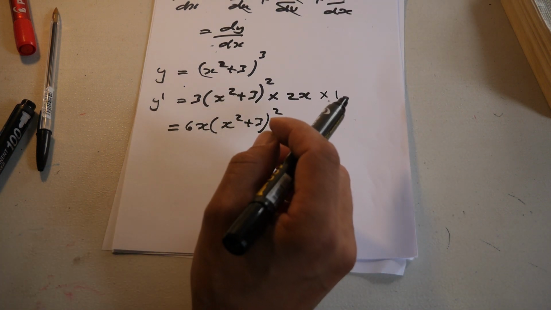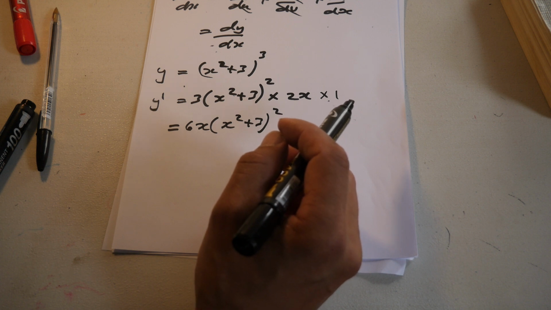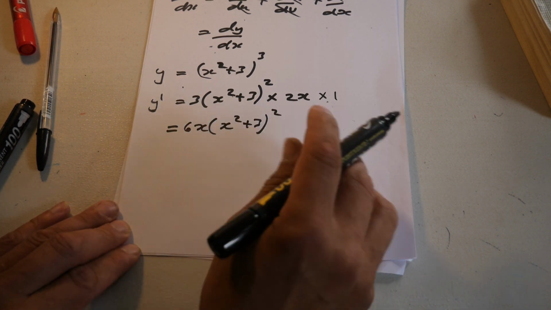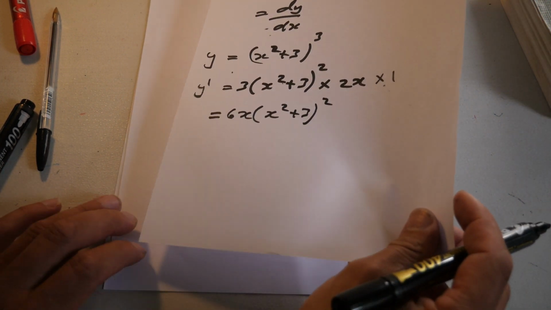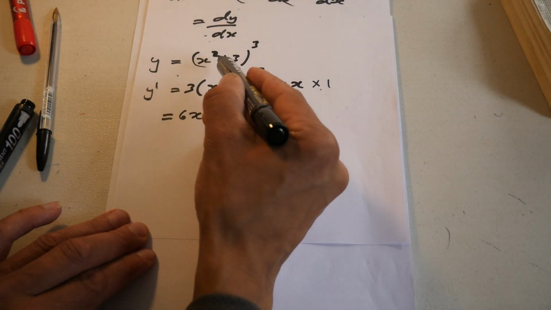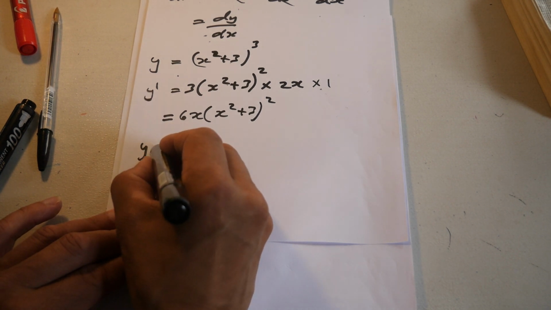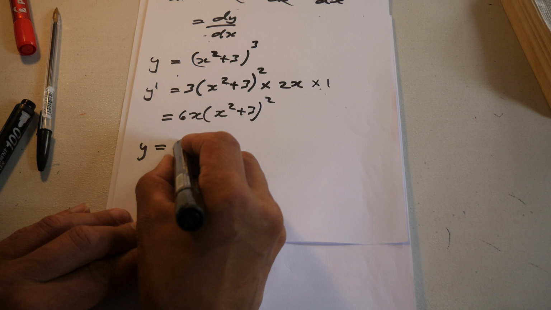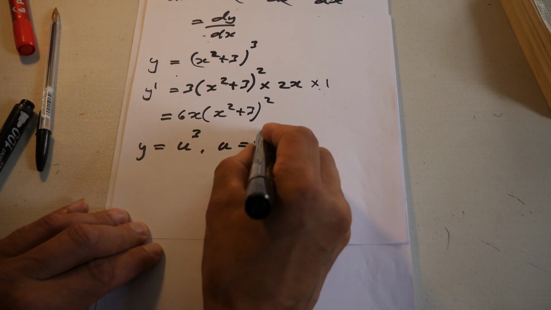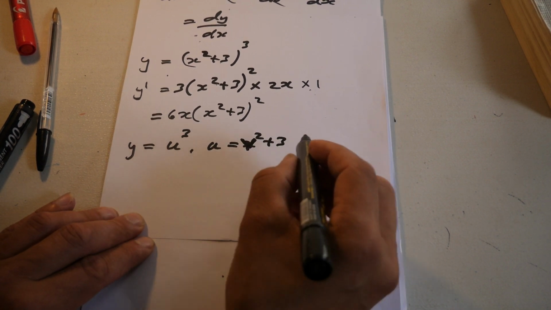Another way of going about doing that is to write, this is another way, which is a bit more formal. Write this as y equals u cubed, where u equals v squared plus 3, okay?